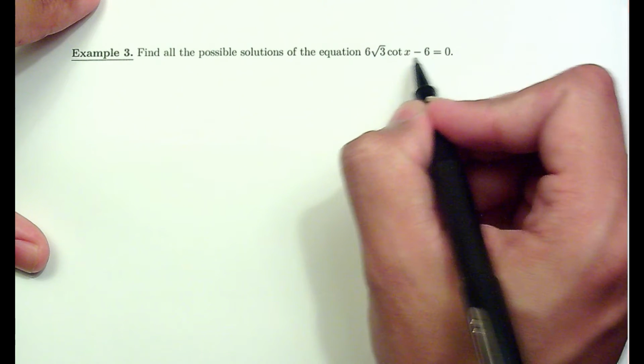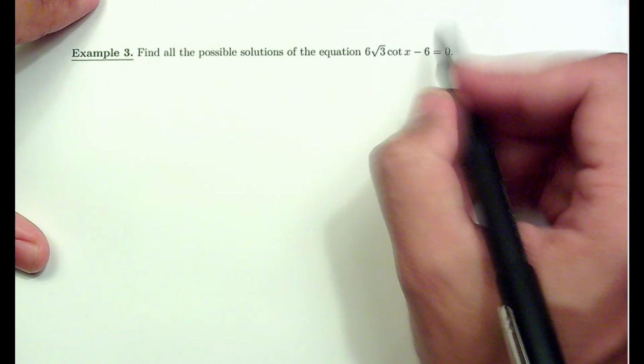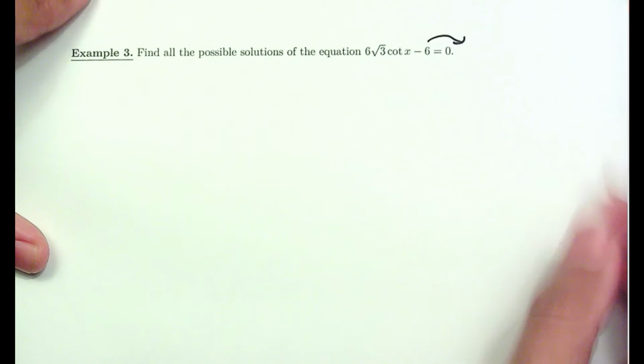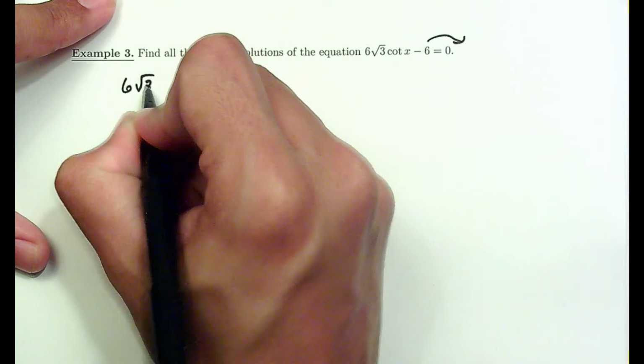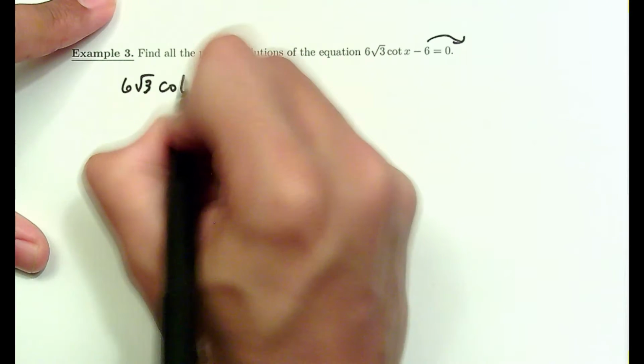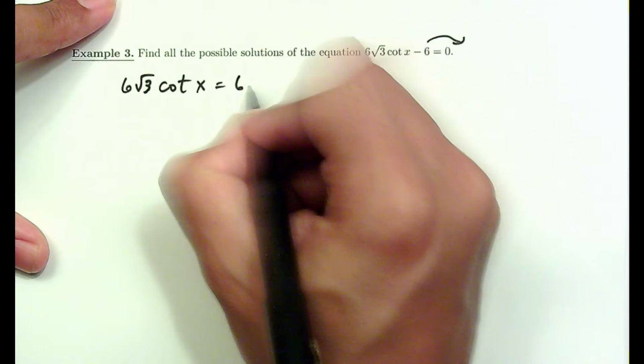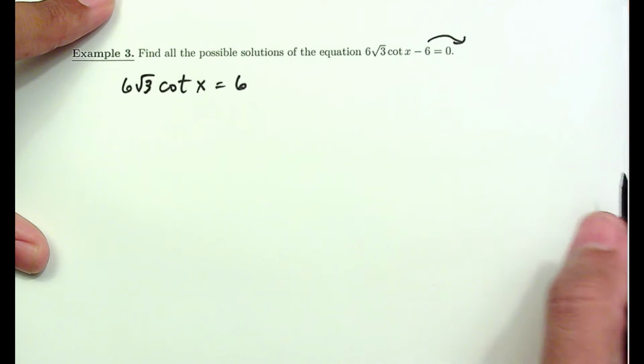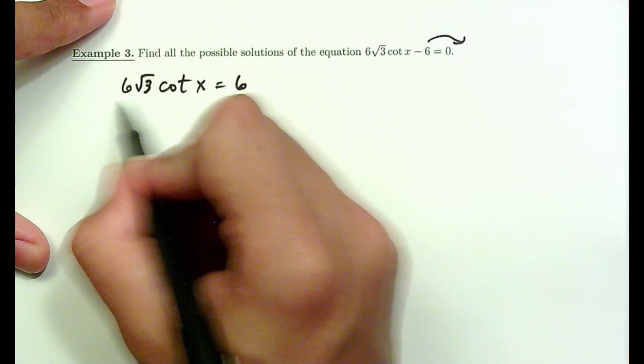Let's solve for cotangent. So let's move the 6 to the other side. So this is going to be 6 square root of 3 cotangent of x equals 6. Okay, I move the 6, it becomes positive. Now divide by these coefficients.